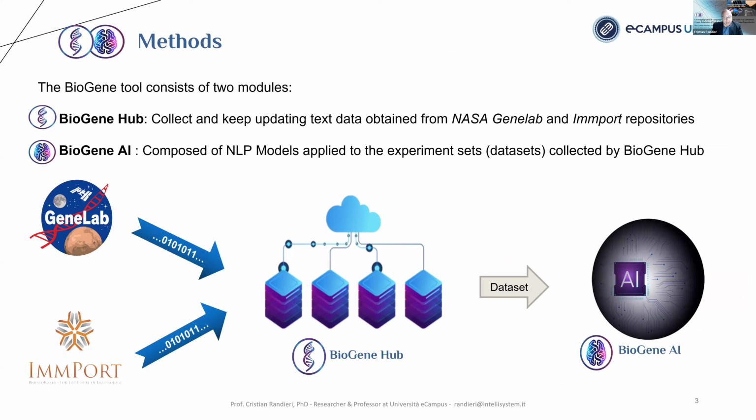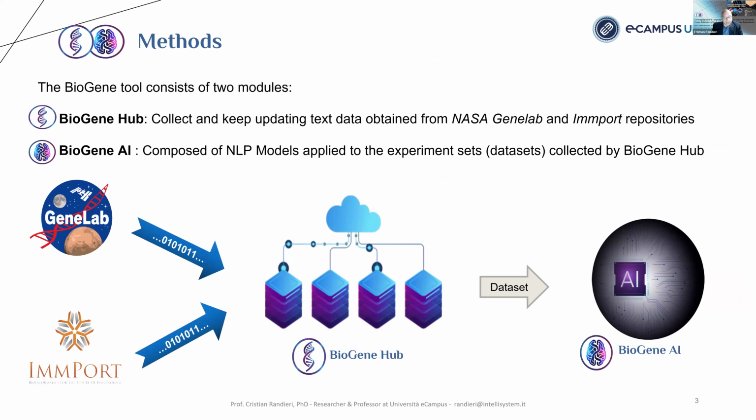Now let's talk about the first module, the BioGene Hub. BioGene Hub is a dedicated service that runs independently to collect data on experiments continuously and automatically from NASA GeneLab and the IMPA repository.